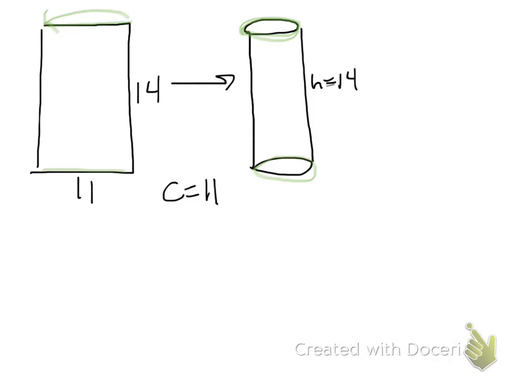Well, the circumference is 2 pi r, which means the radius is 11 over 2 pi, or 5.5 over pi.